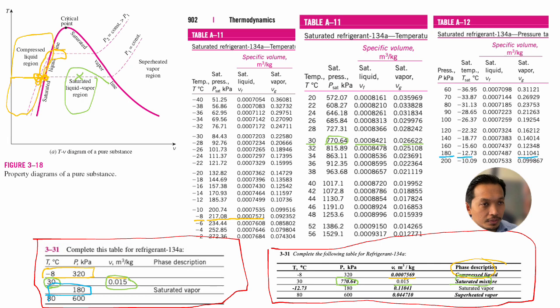So this is the corresponding temperature. Here the temperature is minus 12.73, and the saturated vapor specific volume is 0.11041. It's exactly that. Right. So for the fourth row, we'll do it in the next slide.